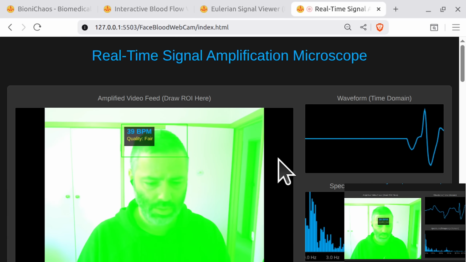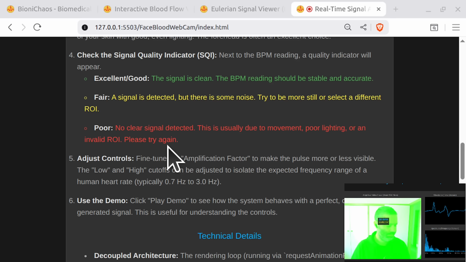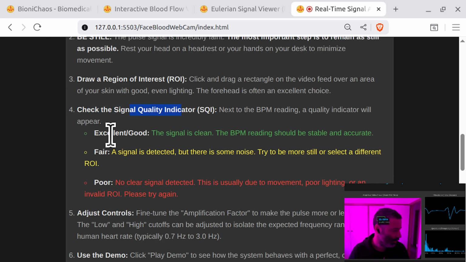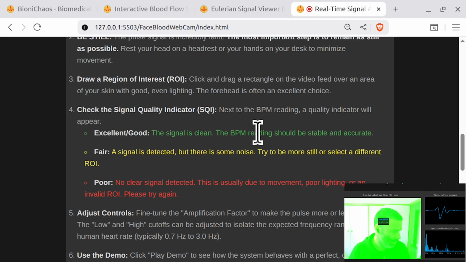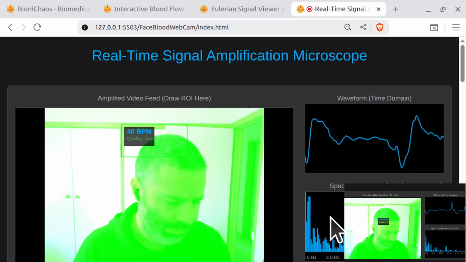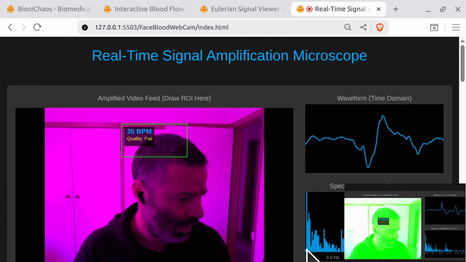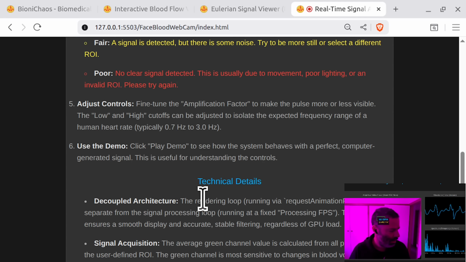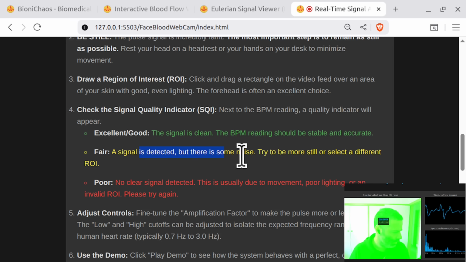We will run a local version. Yeah, you need proper lighting. Check the signal quality. Should be stable. So this thing in the FFT should have a nice clear peak. What else?